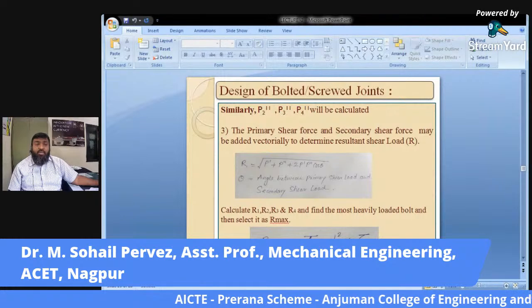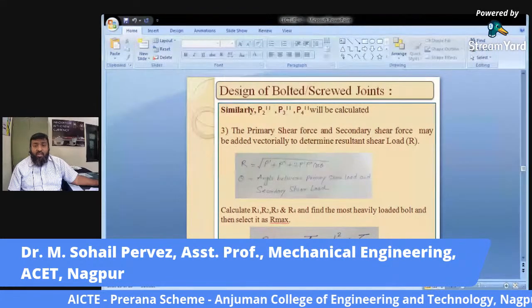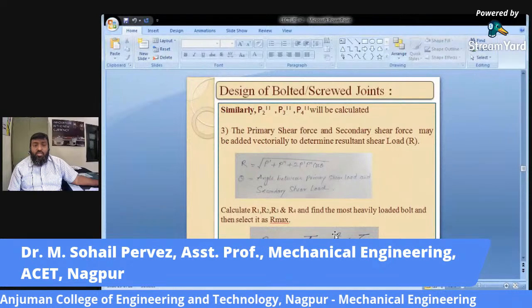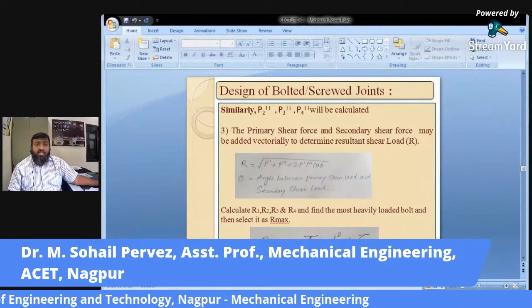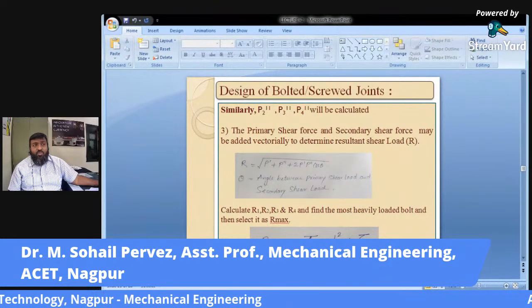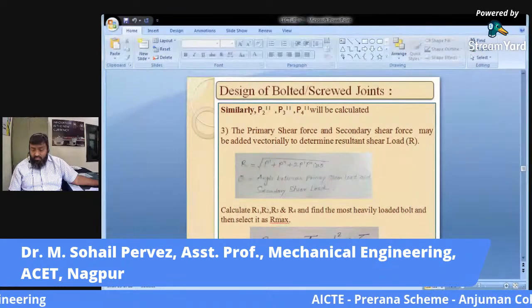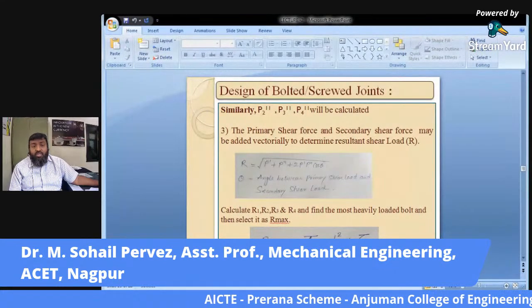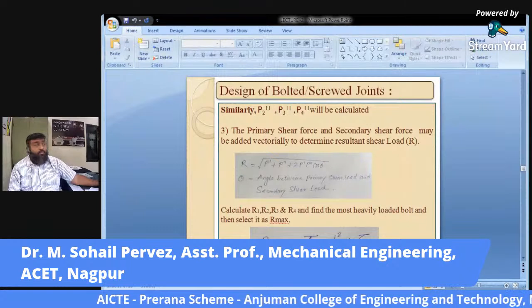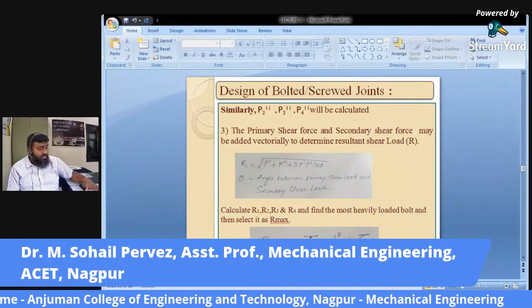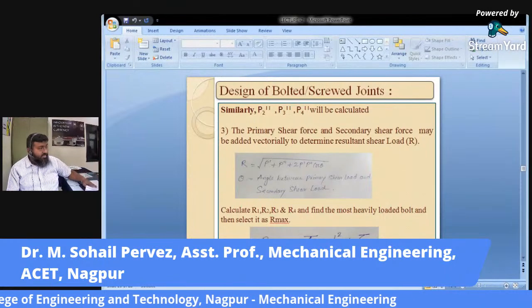As far as the diameter is concerned, this diameter would be dc, the root diameter or core diameter, and that can be converted by using 0.8 into nominal diameter, so that we can calculate the nominal diameter of the bolt.